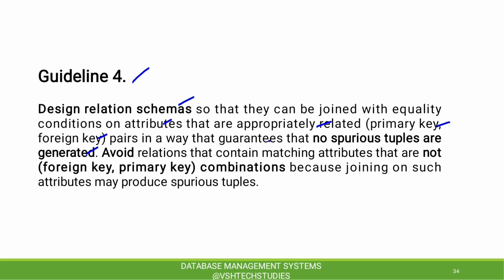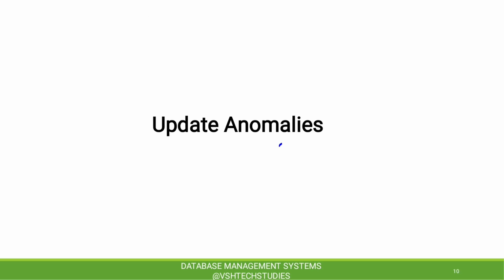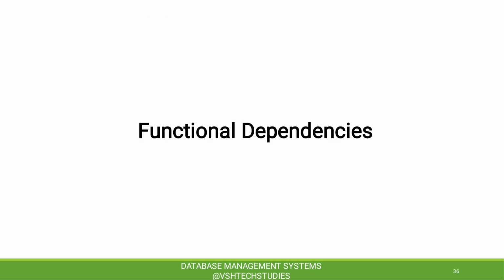Avoid relations that contain matching attributes that are not foreign key, primary key combinations, because joining on such attributes may produce spurious tuples. It means that if at all we join two relations, they must be joined on foreign key, primary key combinations. That completes the discussion on informal design guidelines for relation schemas and update anomalies. Next we shall move on to the topic functional dependencies.